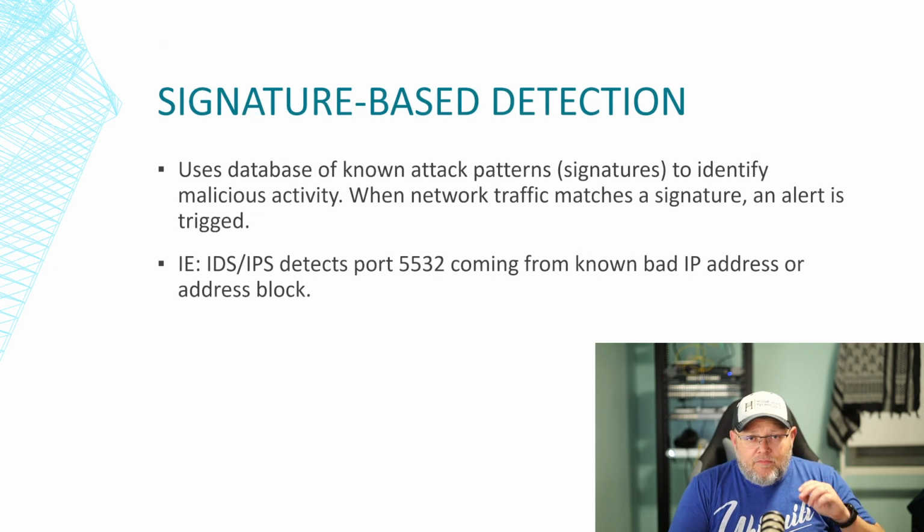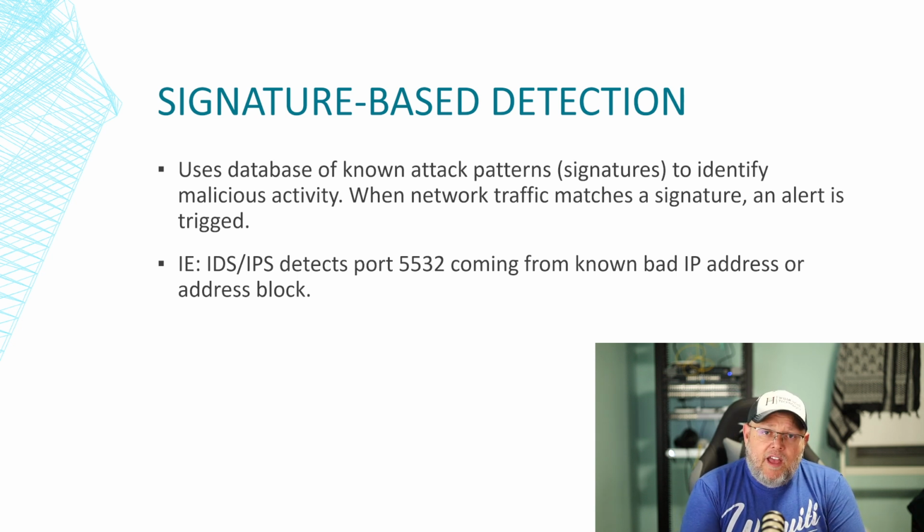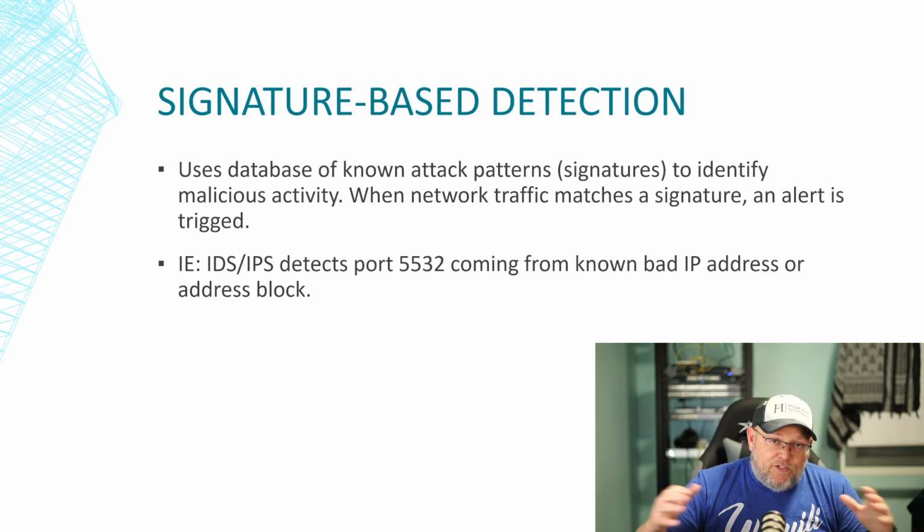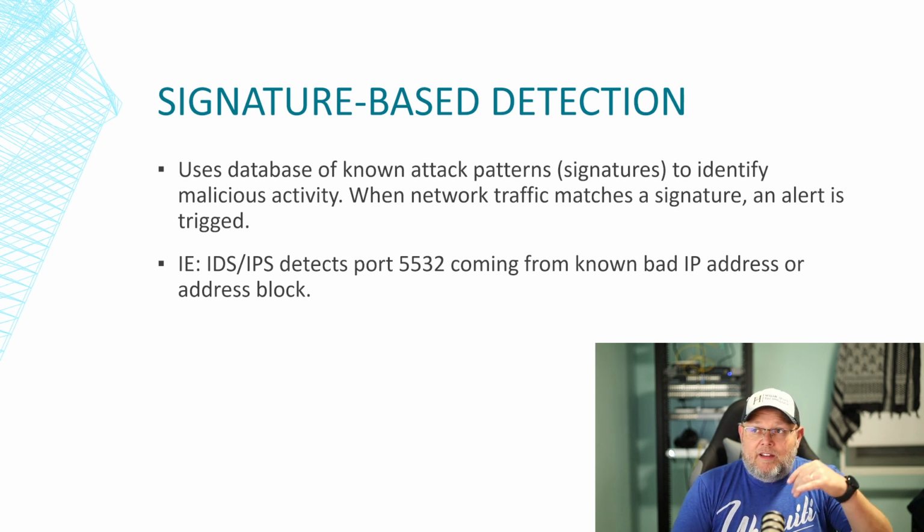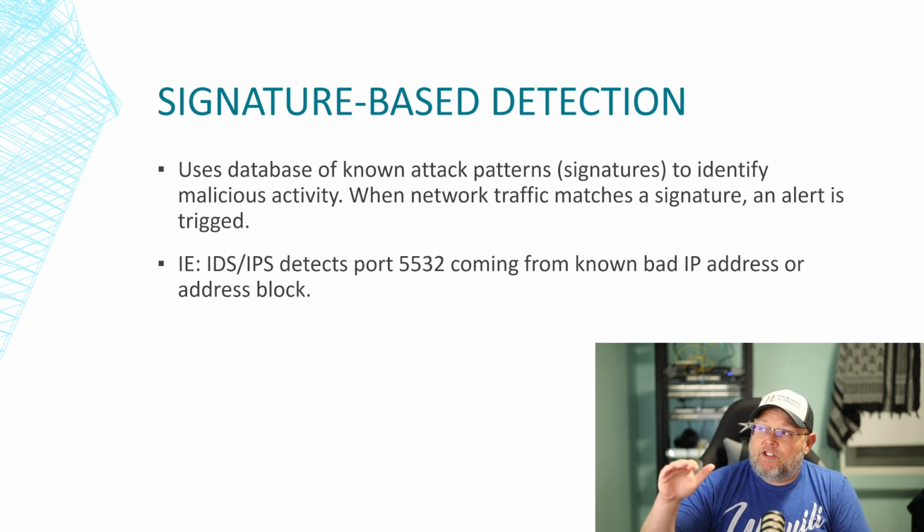Now, there are different types of intrusion detection, and I have heard other professionals say that IDS, IPS without SSL inspection is worthless, and that's not true. So let's talk about the different types of IDS, IPS, how they work, and we'll start with signature-based detection. That uses a database of known attack patterns or signatures to identify malicious activity.